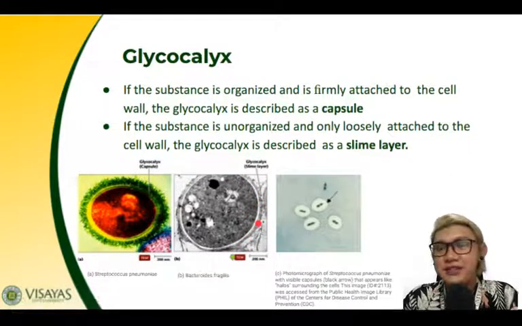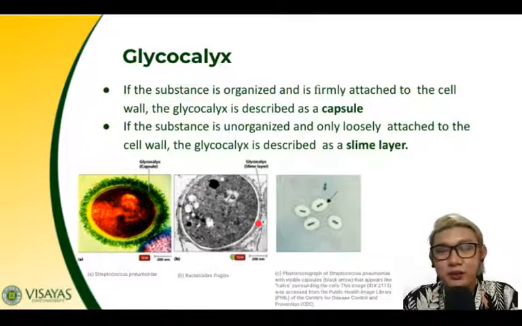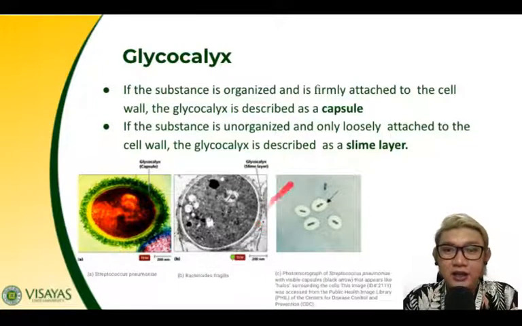Now, if you want to see a glycocalyx or a capsule under the microscope, usually what we do is perform negative staining, wherein you put a stain to color the environment around the cell so that the clear area between the cell contents and the surroundings that forms a halo is the capsule.